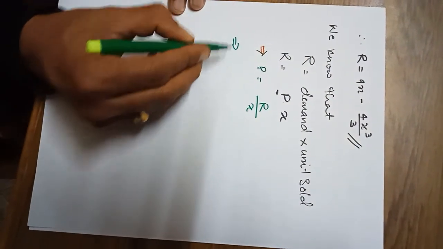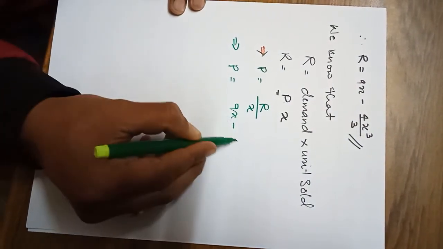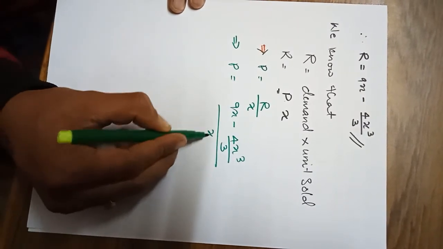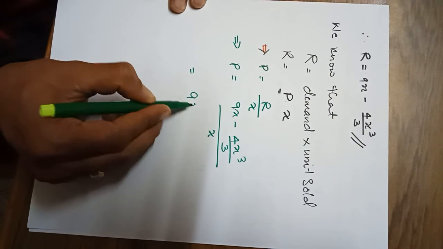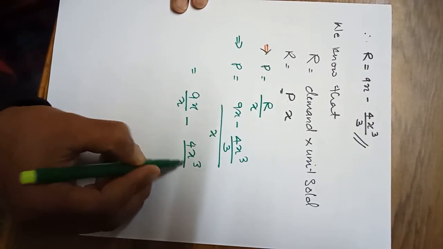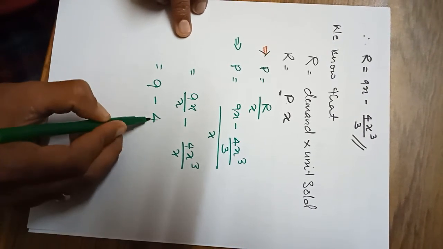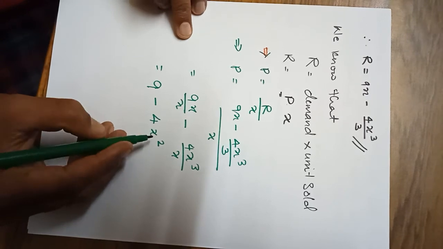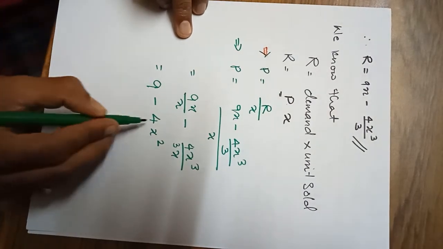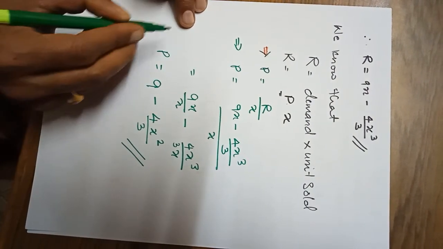What is R? 9x minus 4x cubed divided by 3, whole divided by x, which is equal to 9x divided by x minus 4x cubed divided by x, which is equal to 9 minus 4x squared. Okay, 3 is here, I think 3x, so divided by 3. So this is your demand function.